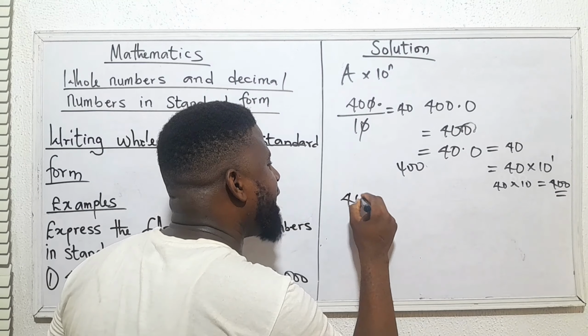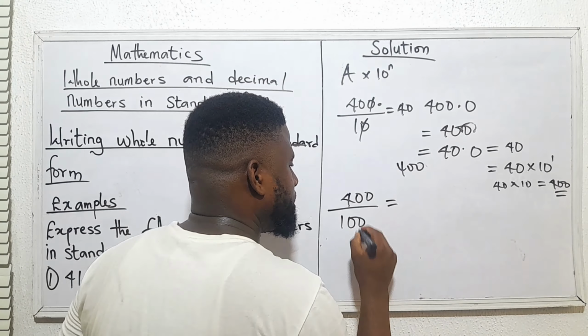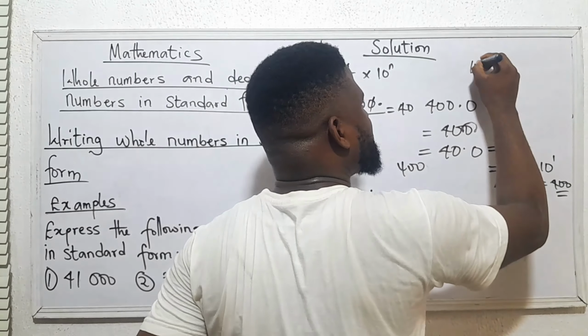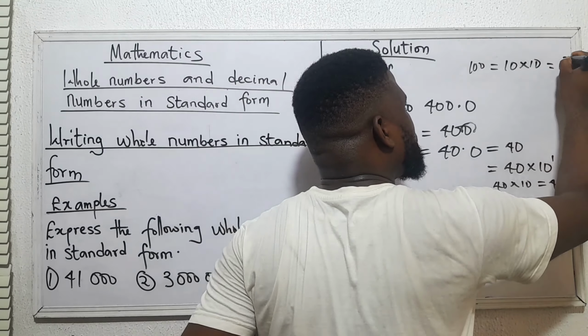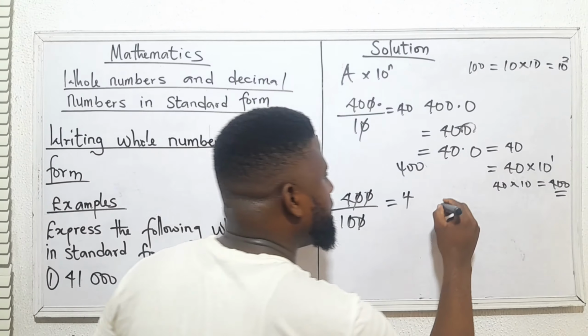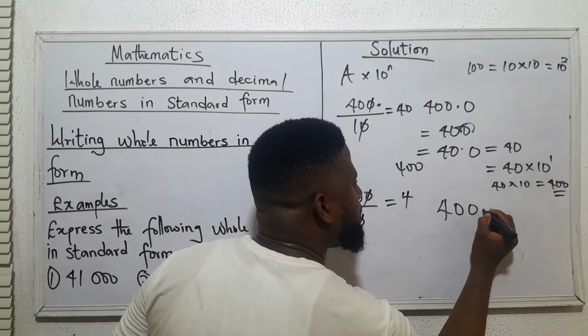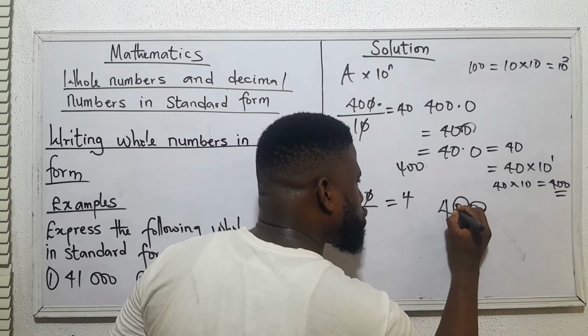Now, what if I divide 400 by 100? This gives me 4. Since 100 is equal to 10 times 10, which is 10 raised to power 2, I can also do this division by shifting the place of the decimal point backward 2 times. 1, 2.